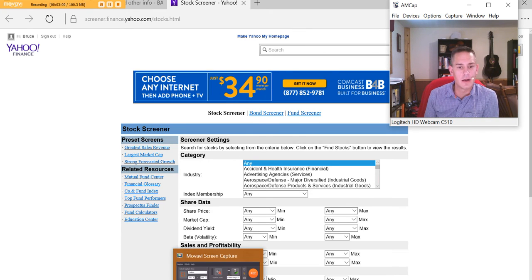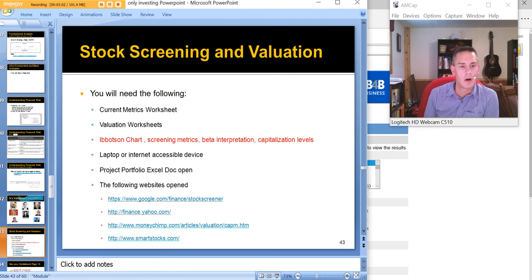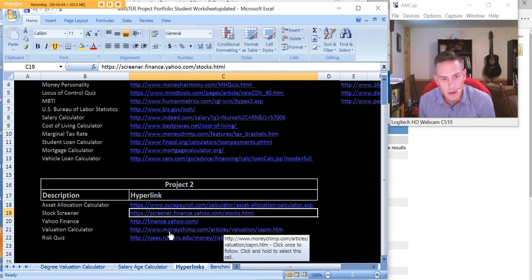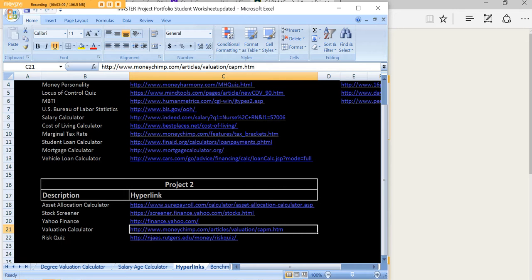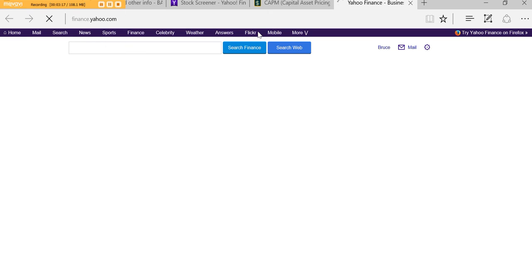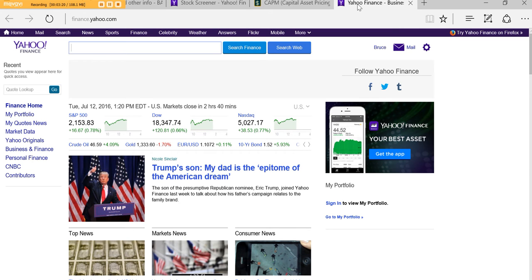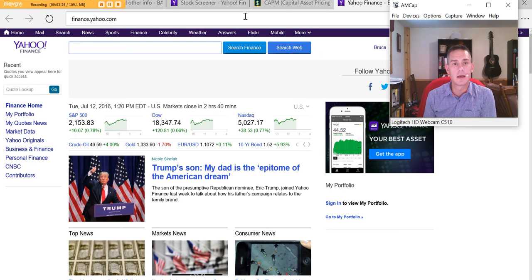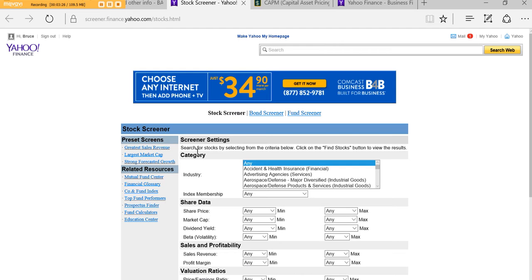Once we get there, the other website you're going to want to open is this MoneyChimp website. And the last one you'll want to open is just a Yahoo Finance website. Now, you'll notice that one of these is the front screen to Yahoo Finance, and then another one is a stock screener.